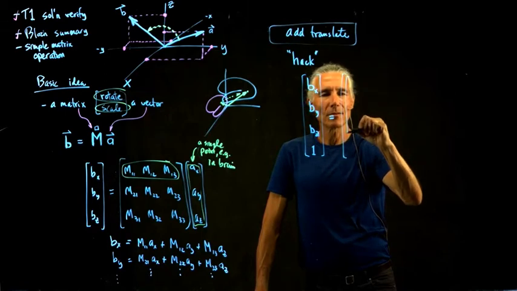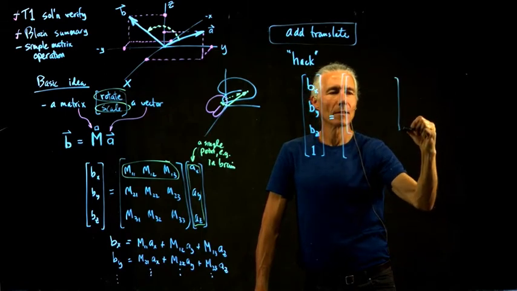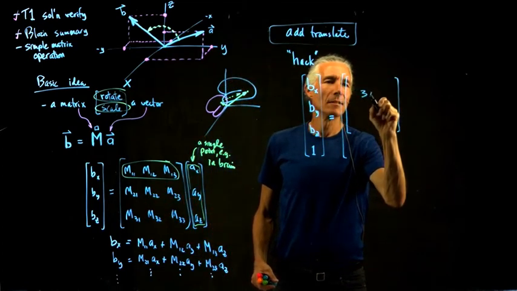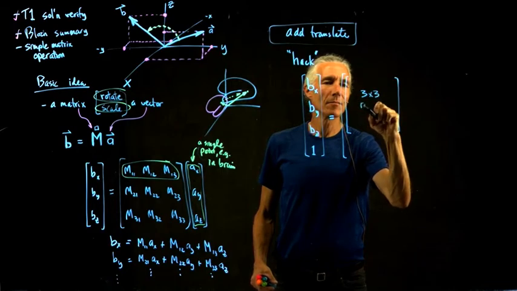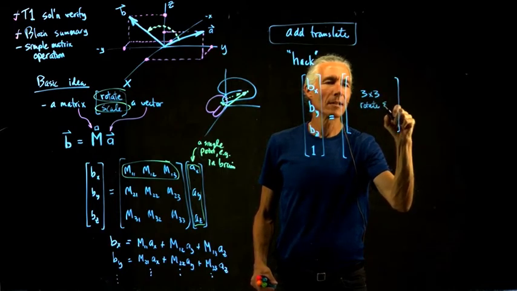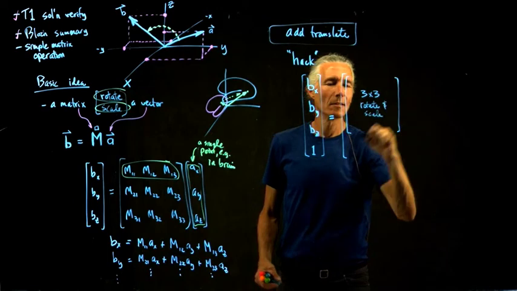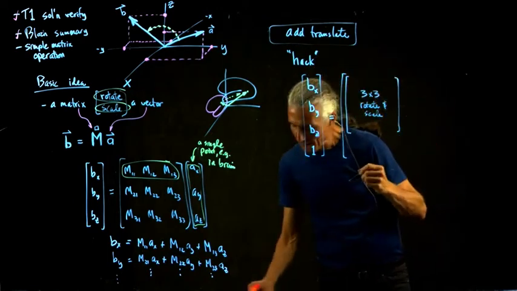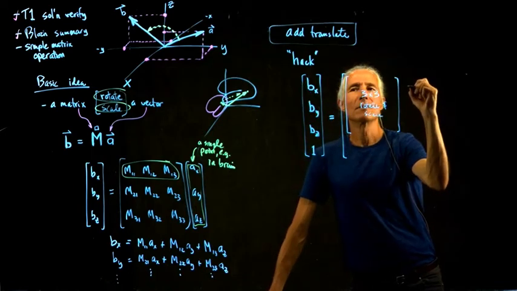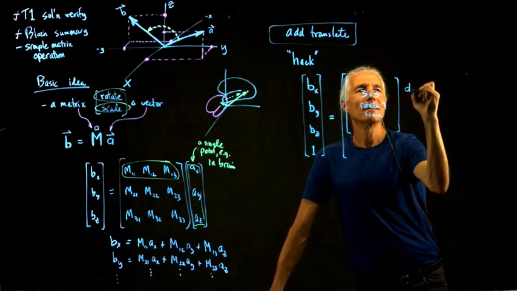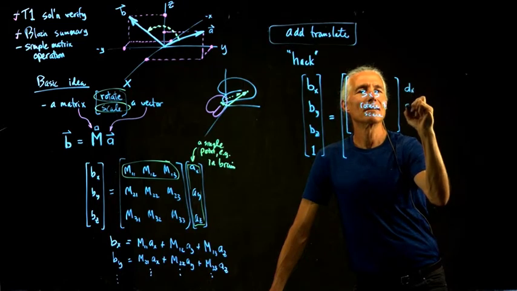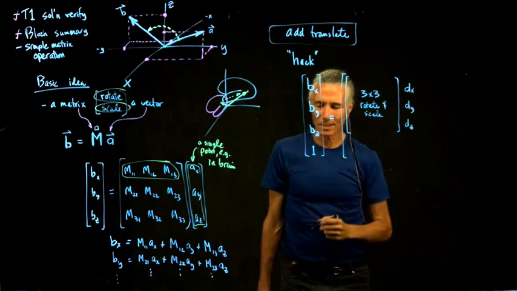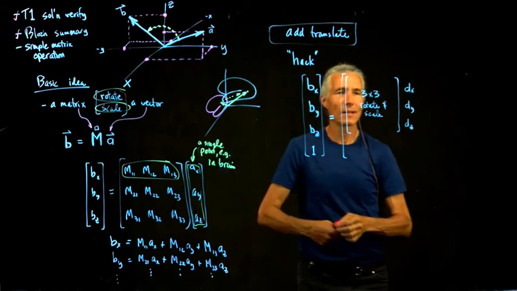So here's a 3x3, like one of these guys. So this is the 3x3, rotate and scale. And then we have our fourth column. We'll call this dx, dy, dz, and that's our translation. So this guy is our translation.